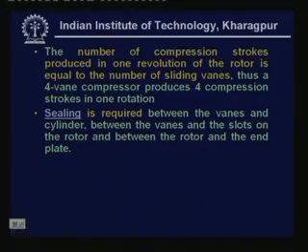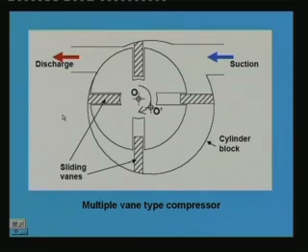Again, just like the fixed vane compressor, sealing is required between the vanes and cylinder, between the vanes and the slots on the rotor, and between the rotor and the end plate. Let me show this on the figure.